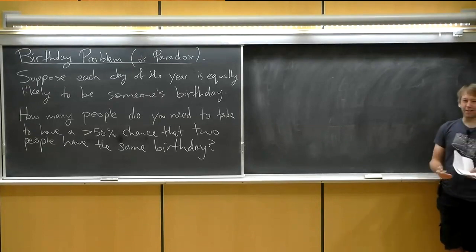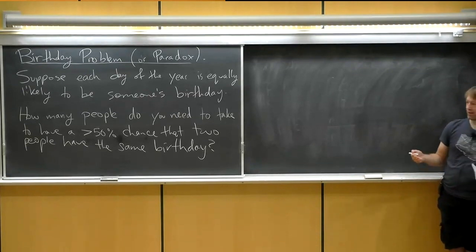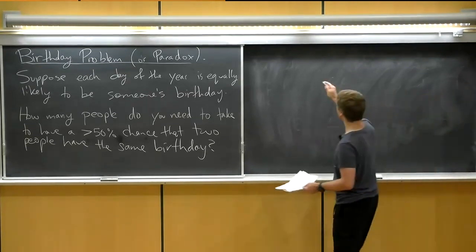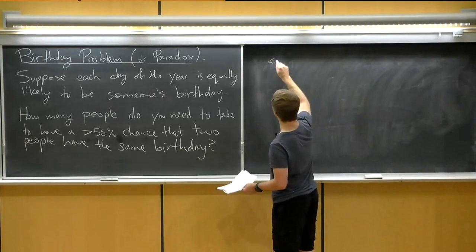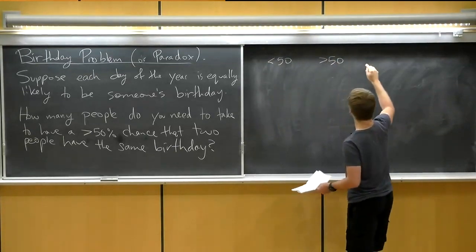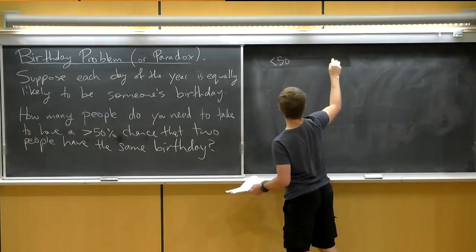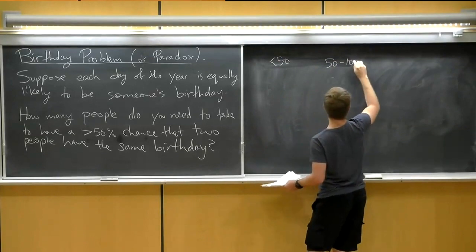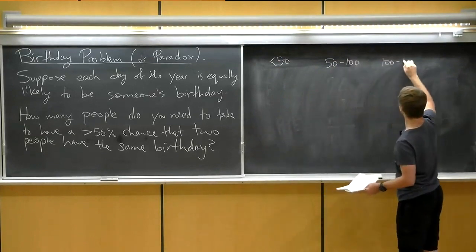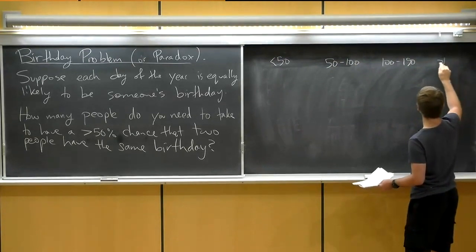You would at least think it'd be like, well, I don't know. Okay, let's say our options are less than 50, between 50 to 100, 100 to 150, or more than 150.